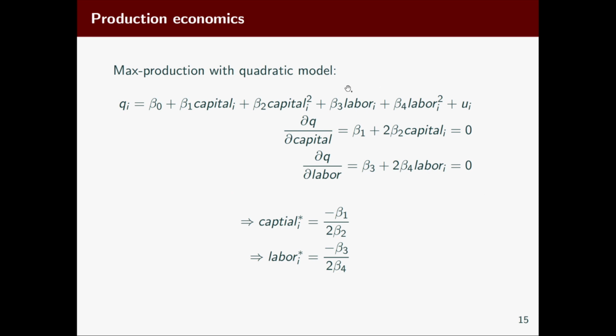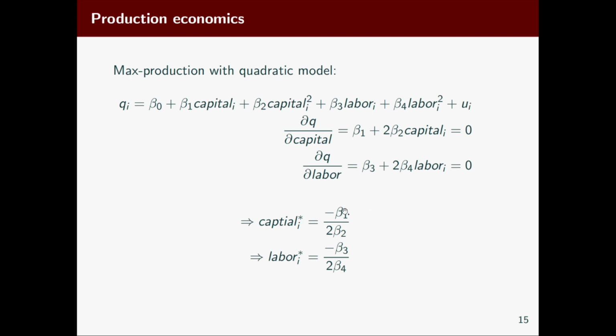Once we have that, we can solve for the optimal level of capital and labor. Even before we run the regression, we can take the partial derivative of production with respect to capital, which is just beta 1 plus 2 beta 2 times capital. Set that equal to 0. Then we see that the optimal level of capital is negative beta 1 divided by 2 times beta 2. Similarly, the optimal level of labor is just this expression here.